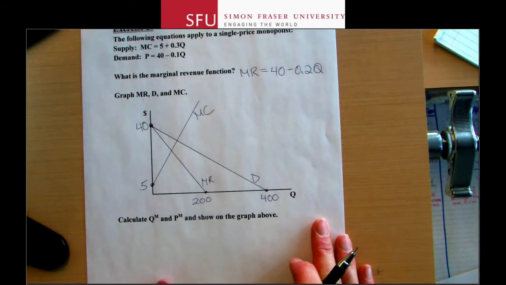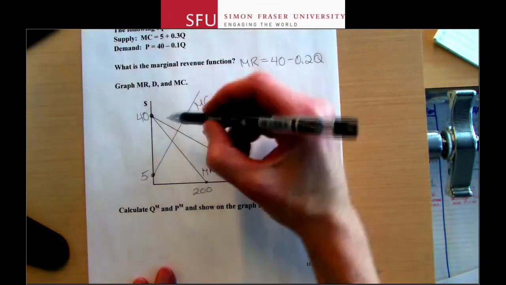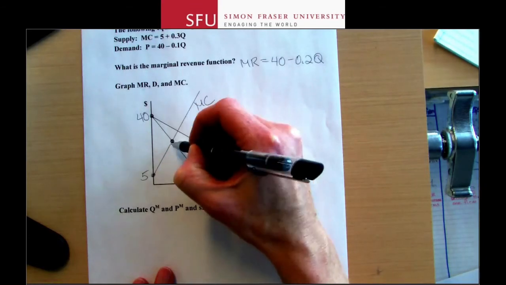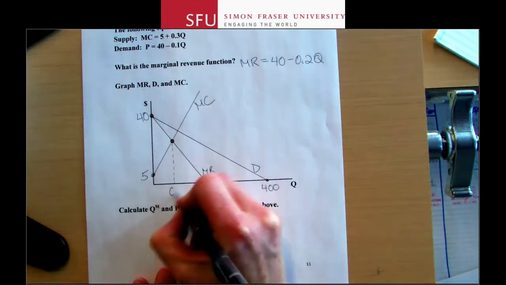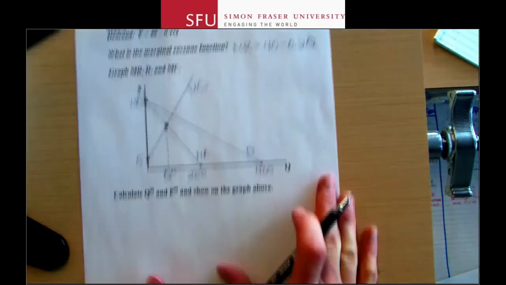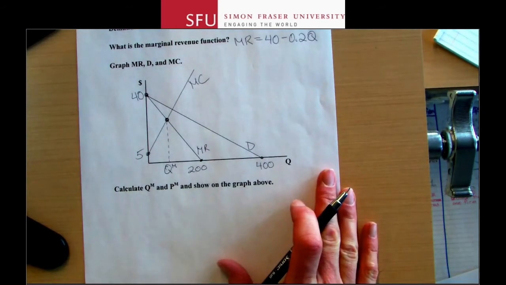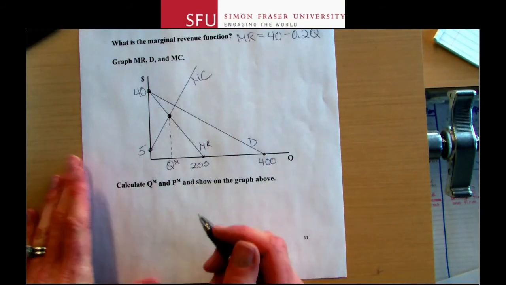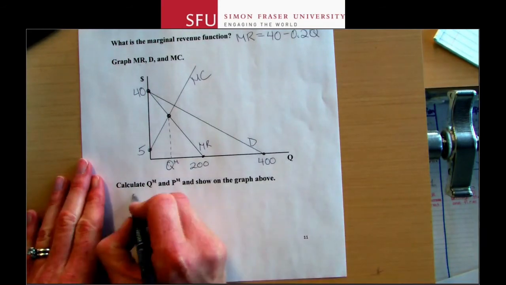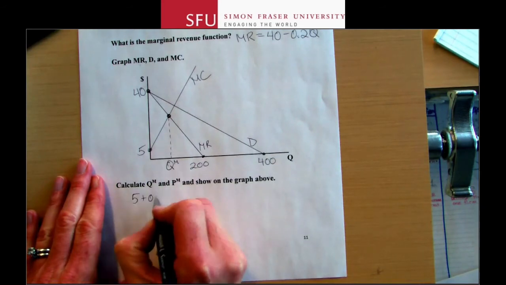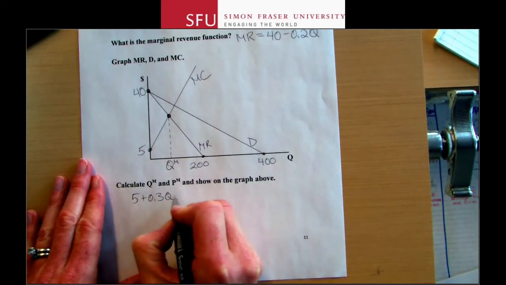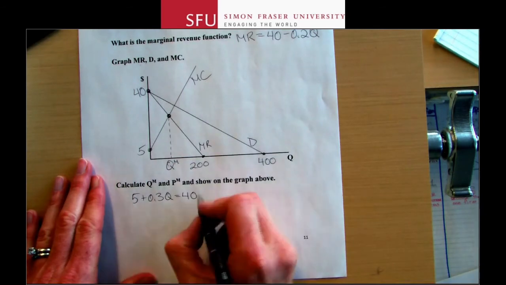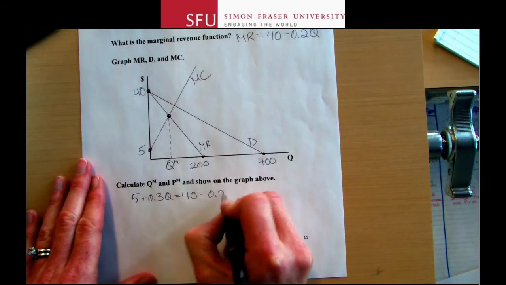Okay, so now we'll do the calculation. The first thing to always calculate is this equilibrium, MC equals MR. So 5 plus 0.3Q equals 40 minus 0.2Q.